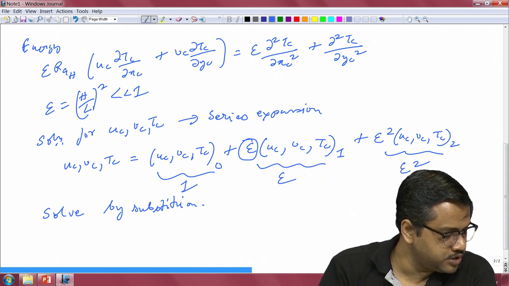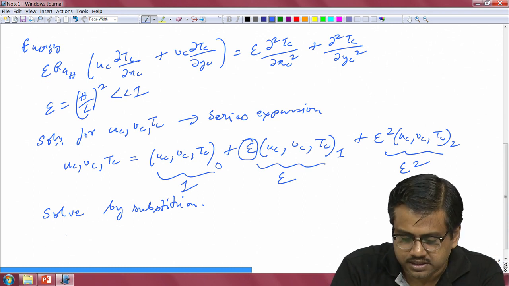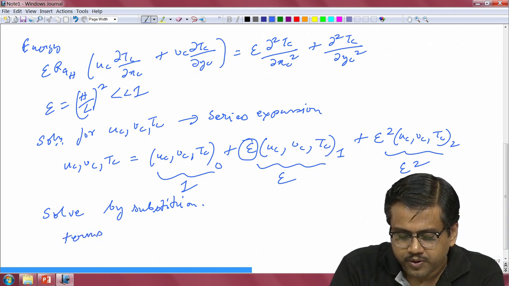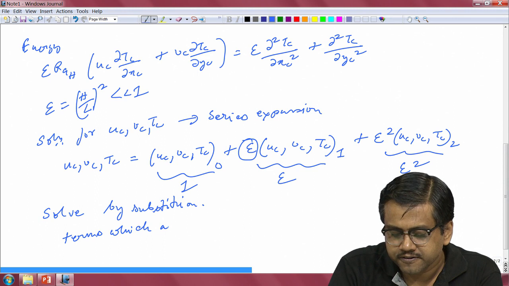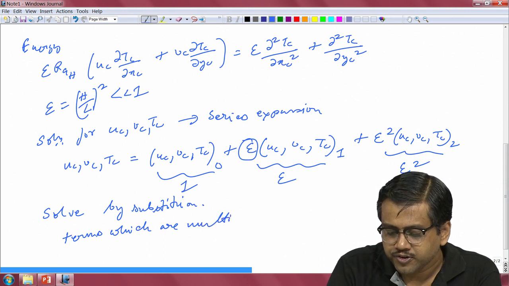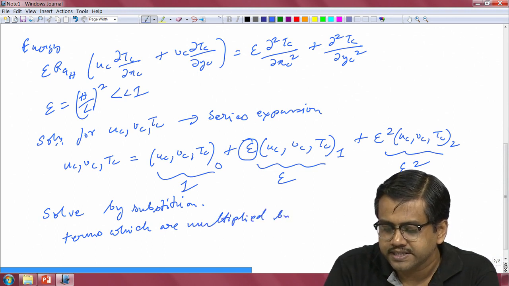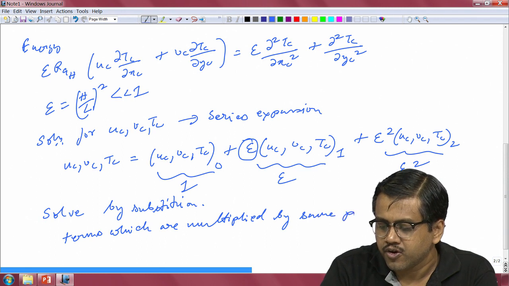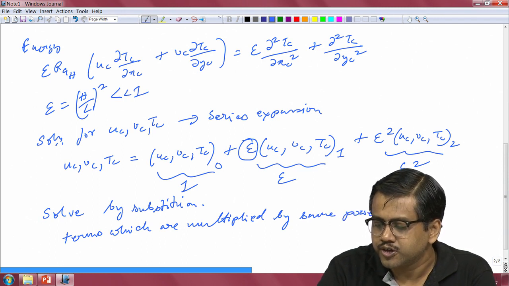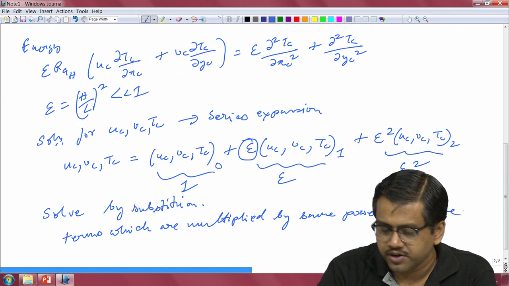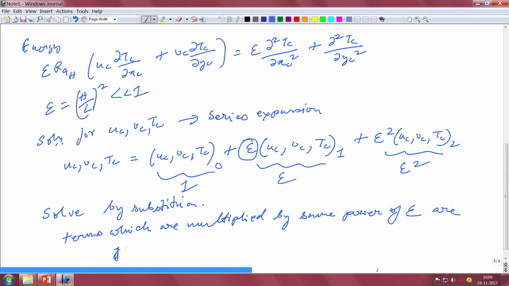Basically, the terms which are multiplied by the same power of epsilon are grouped together.